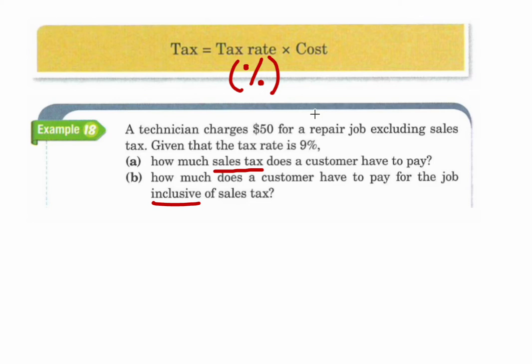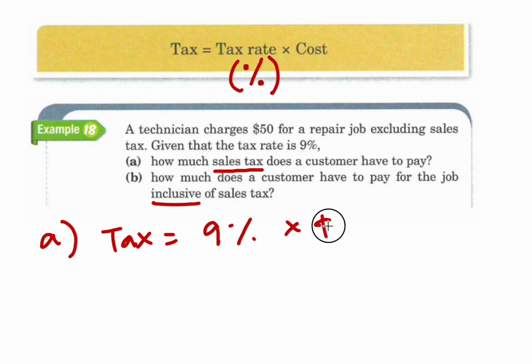Okay, so if you remember this formula for the future, you can utilize this formula to solve A, because you're really trying to figure out the sales tax. So remember, the tax is equal to the tax rate, that is 9%, times your cost. It costs $50 for this technician to do their repair job. In order to calculate this, you have to first change your percent into a decimal.